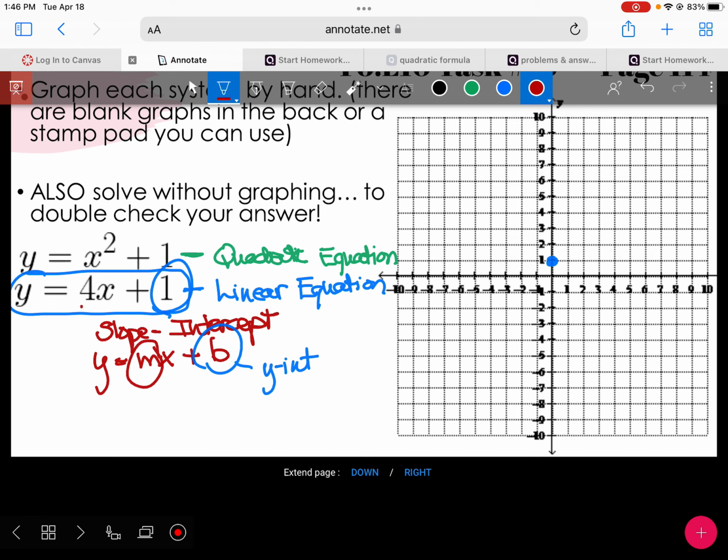That's the m, which is 4 over 1, which is up 4 and to the right 1. So from that point of my y-intercept, I go up 4, 1, 2, 3, 4, over 1.